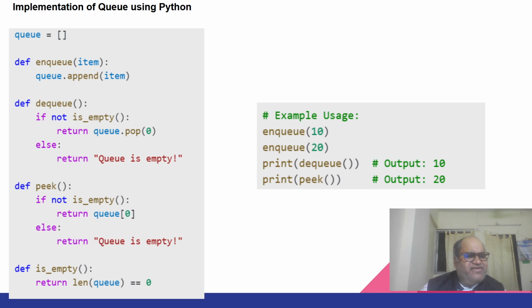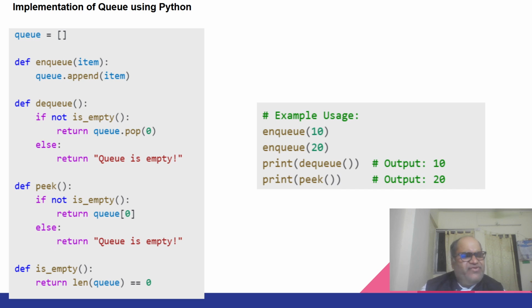Queue is nothing but a simple inbuilt list. When we are calling peek, if your queue is not empty, we are simply returning the 0th element, that is, from the front. And it will be empty when the length of the queue is 0.